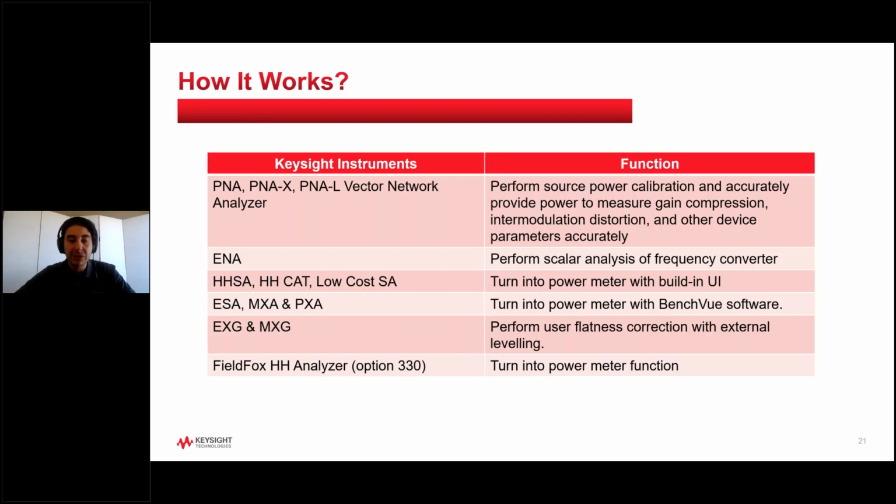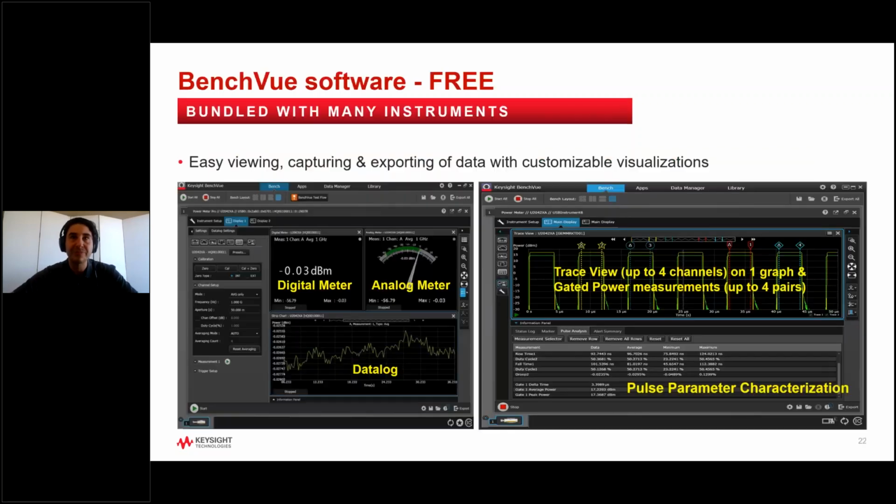So let me help contextualize this by showing a little bit more about our BenchVue software. BenchVue is a contained platform that you can download and install onto your computer, and it allows for easy viewing, capturing, and exporting of data with quite a number of customizable visualizations.